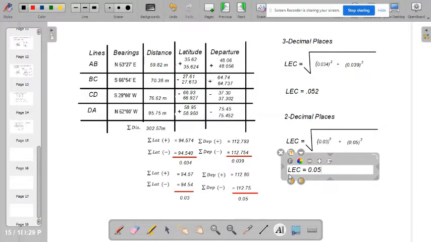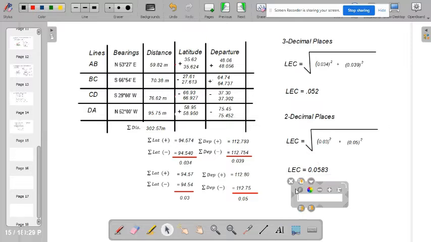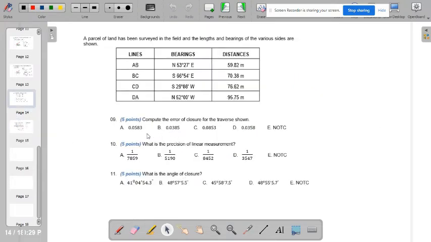We get 0.0583. If you see the choices in the given problem, you have 0.0583, but you don't have 0.052.